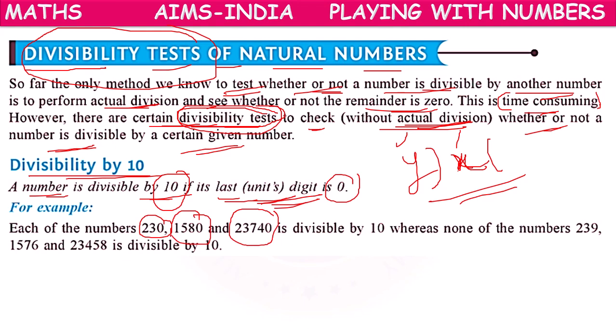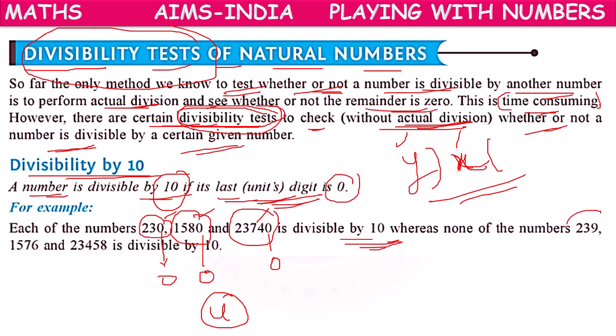In these three numbers, the digit in the units place is 0. So without dividing by 10, directly we can tell they are divisible by 10.